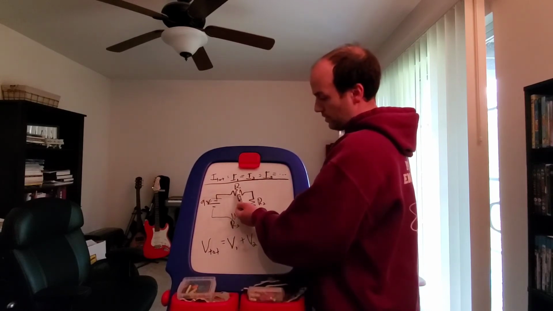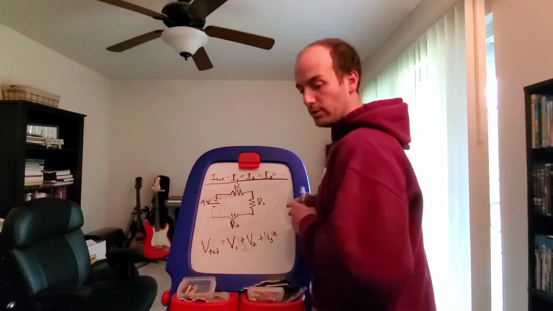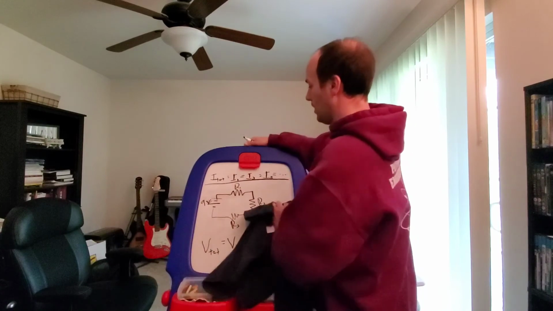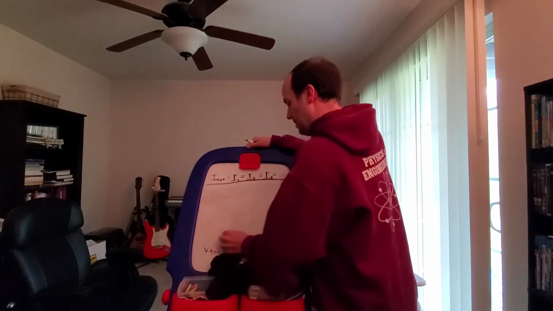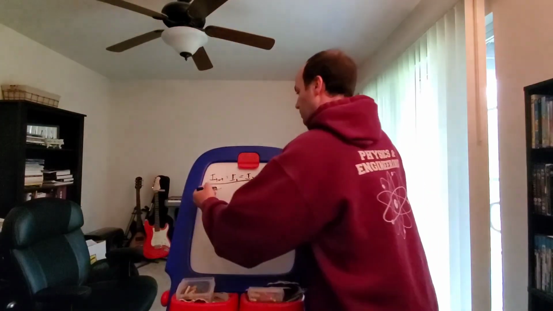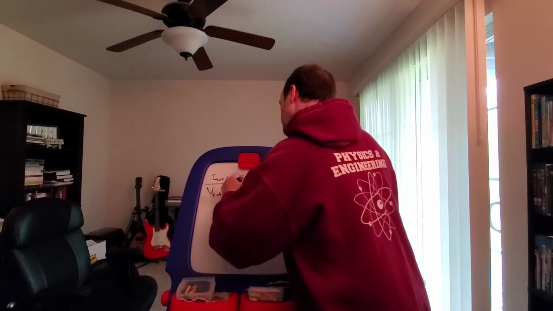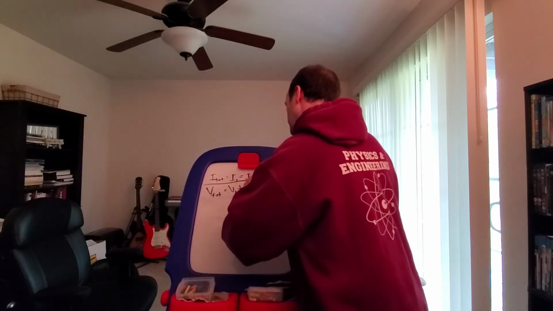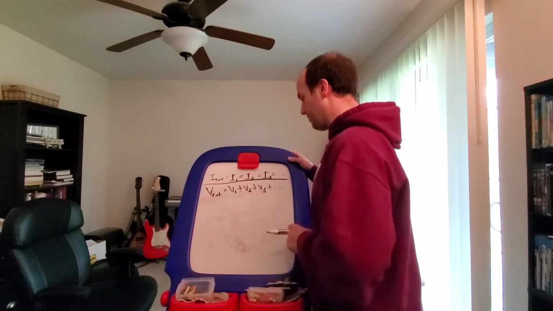So the voltage across this one, this one, this one, all added up will equal the voltage of the source. All right, so let's add that to our line up here. So we say V total equals V1 plus V2 plus V3 plus dot, dot, dot. Again, depends on how many resistors you've got in your circuit.